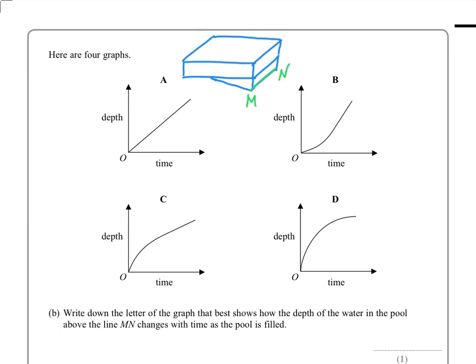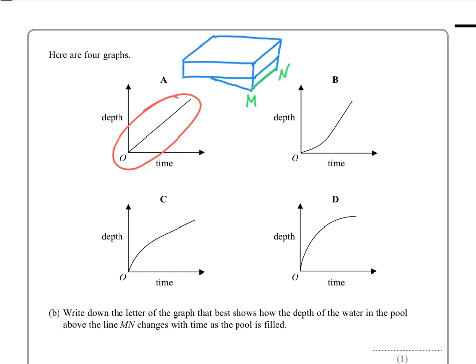You've got the triangular part underneath, and you've got the cuboid part on top. So I'm almost certain that most of you would rule that one out, because there's no change there, it's constant. It's saying the rate at which it's being filled here is going to be constant, and that can't be the case, because there's a change in the shape completely.